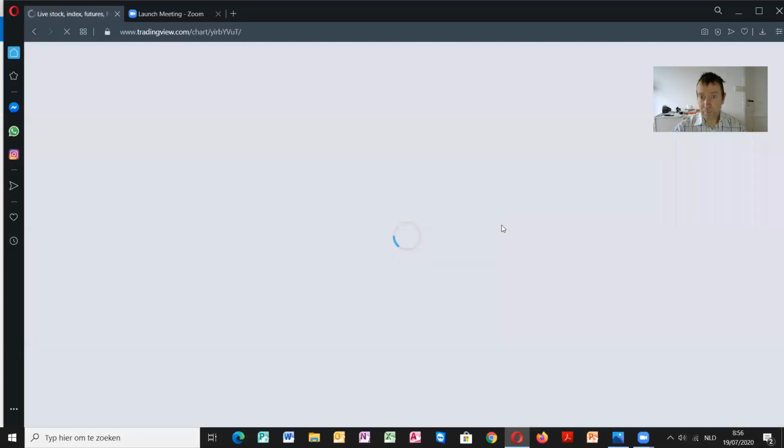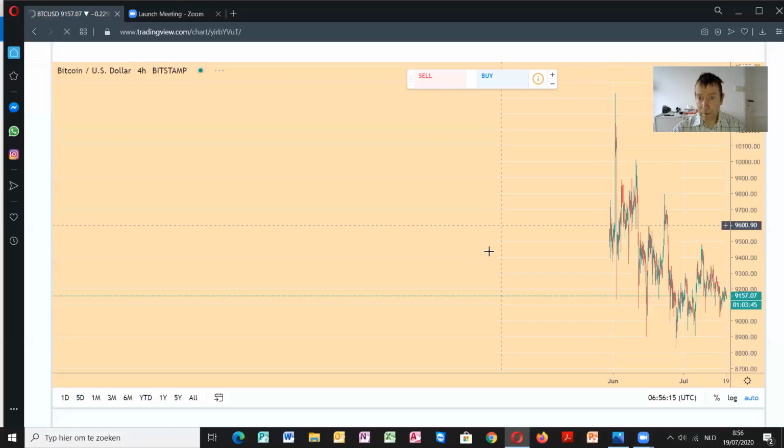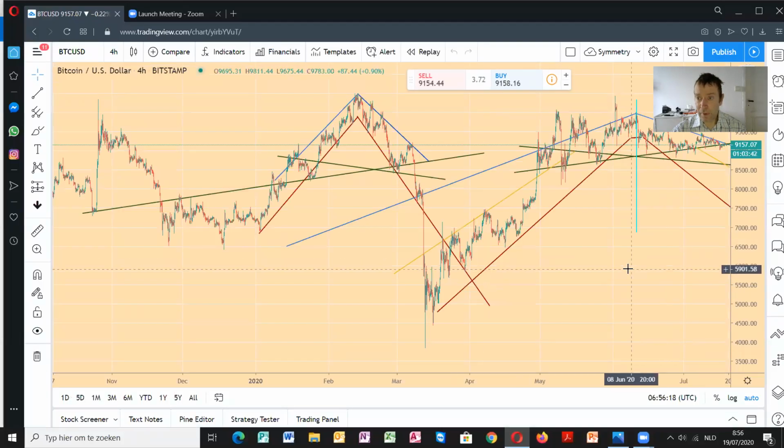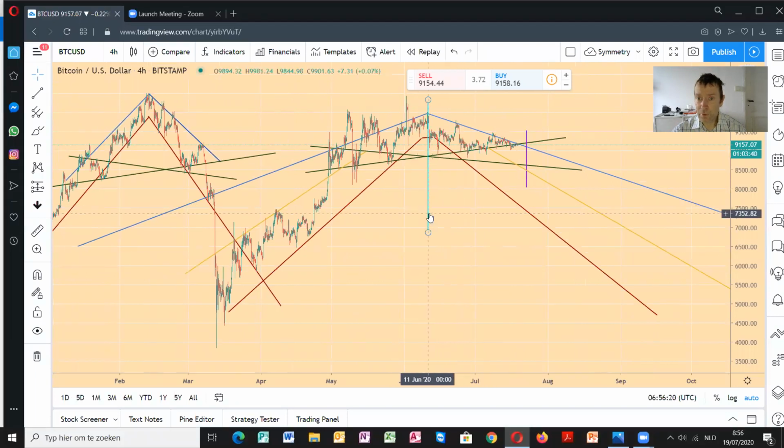And this pattern is a symmetrical pattern around the end of the uptrend. This was the uptrend, and here the downtrend started.